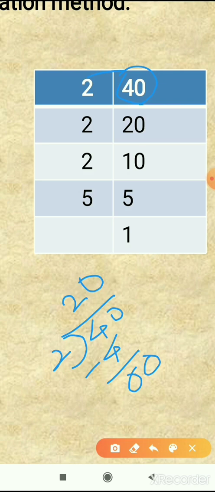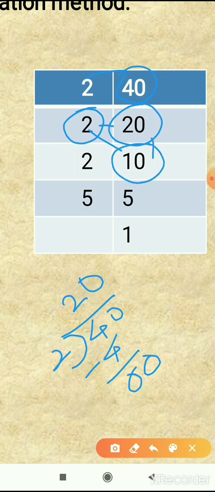We get quotient 20, so we write 20 here. 20 is an even number, so again we divide 20 by 2. Okay, 2 10s are 20. 10 is the quotient, so we write 10 here. Again we divide 10 by 2. 2 5s are 10. 5 is the quotient, so we write 5 here.